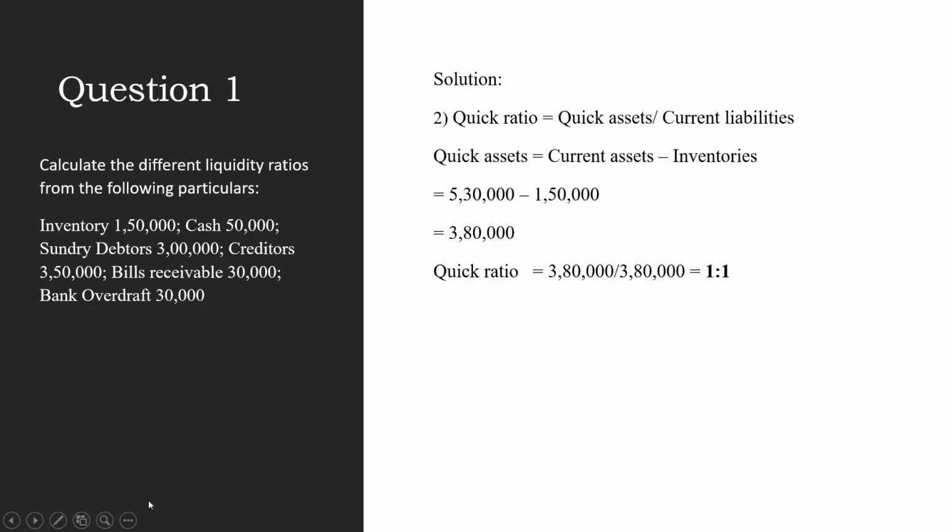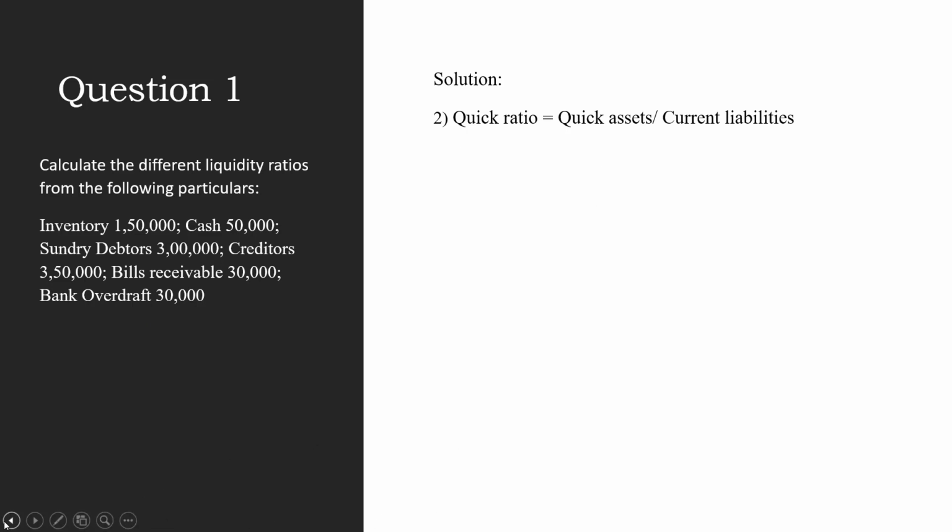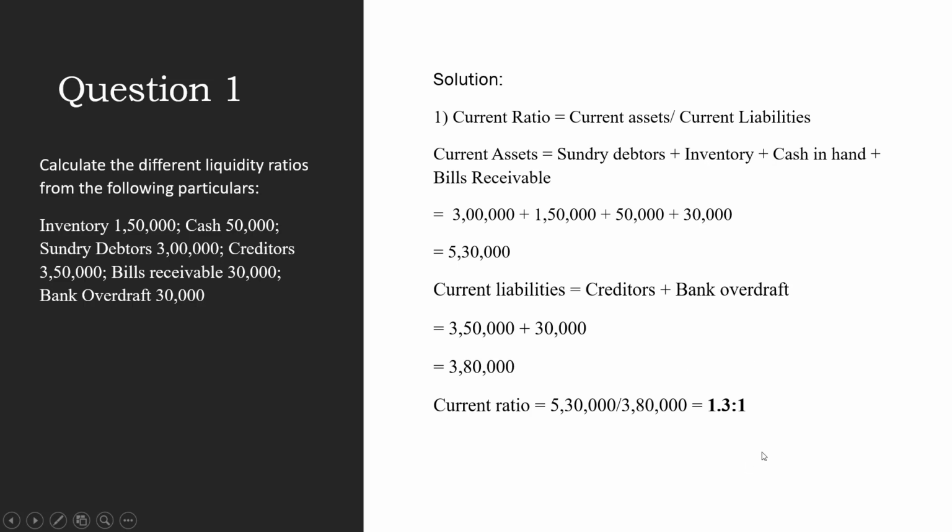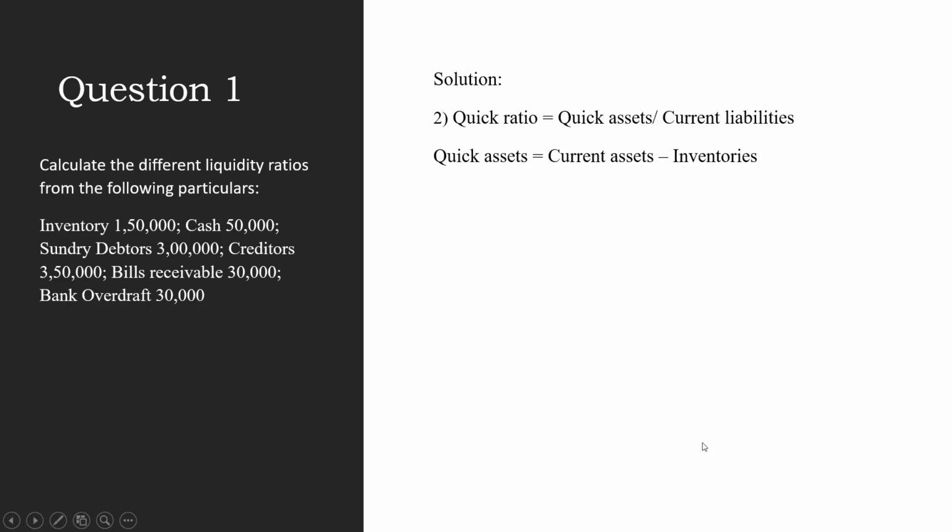But in the case of current ratio, the current assets should always be more than the current liabilities. If there are fewer current assets compared to the current liabilities, then the company cannot pay off the liabilities. Okay, so this is the question. One question I have given, and the next question, let's see.